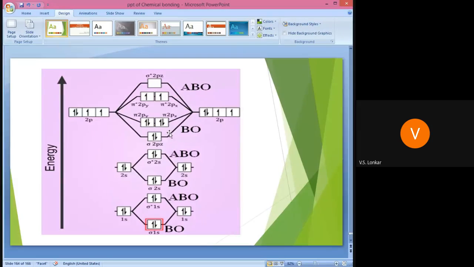You can also write sigma 2px2, then pi 2py2, pi 2pz2. Just represent the number of electrons. Have you understood all the examples of molecular orbital theory and the energy level diagrams? Any doubt? No.